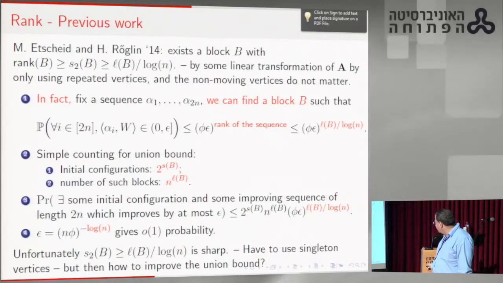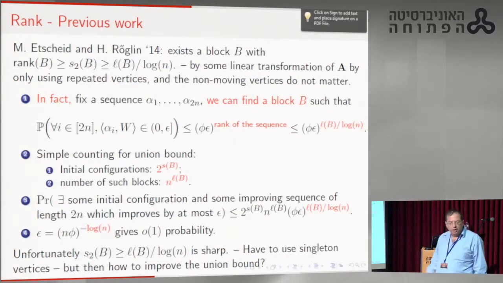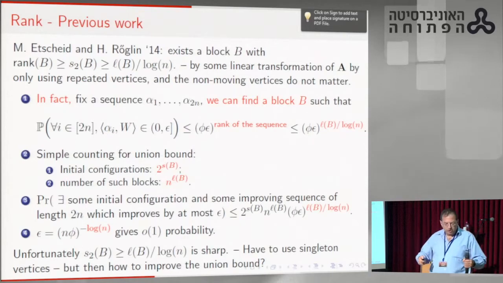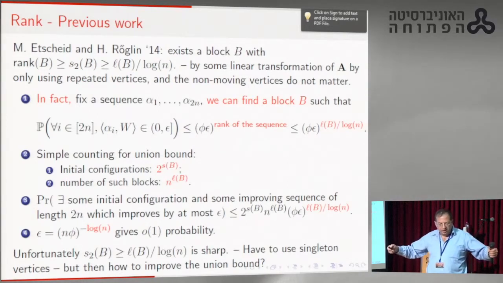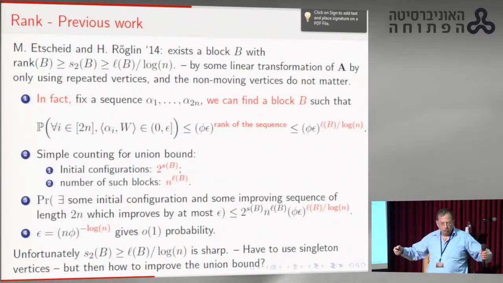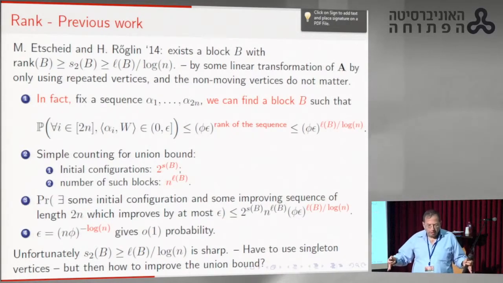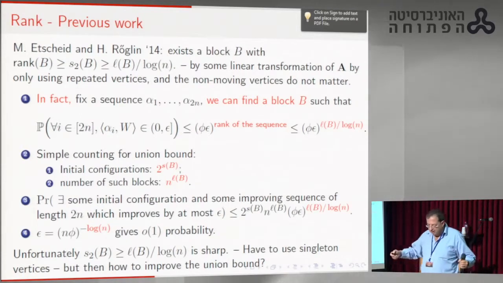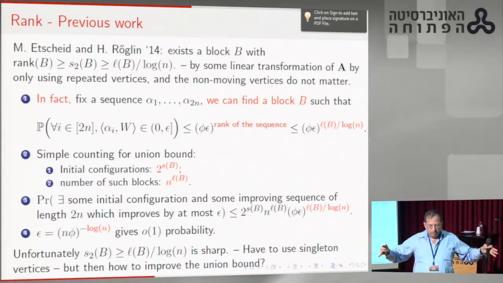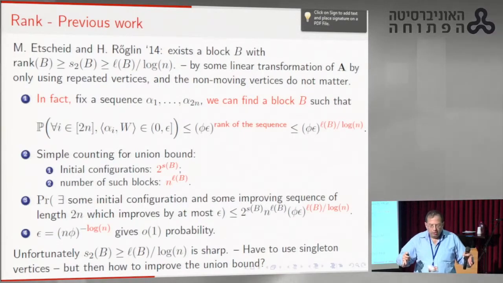The problem with that idea is that the number of vertices moving twice might be small in all blocks. There are configurations where in every block of length L, the number of vertices that move twice is L over log n, and no more. On the other hand, that's the worst case. One thing they proved is that you can always find a block of length L where a proportion at least L over log n of vertices moved twice or more.